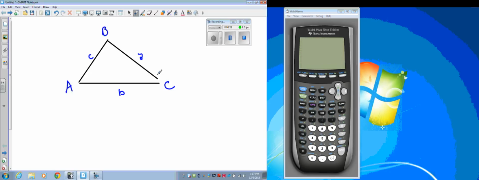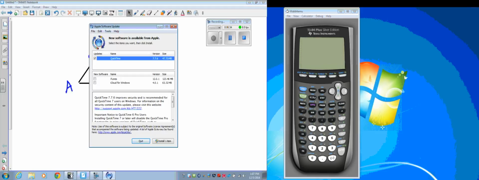Case 2 is discussed in 7.2, and it is going to be the law of sines. So notice case 2 is the one in which you can have more than one triangle. You can actually have no triangle that satisfies the condition, 1 or 2.